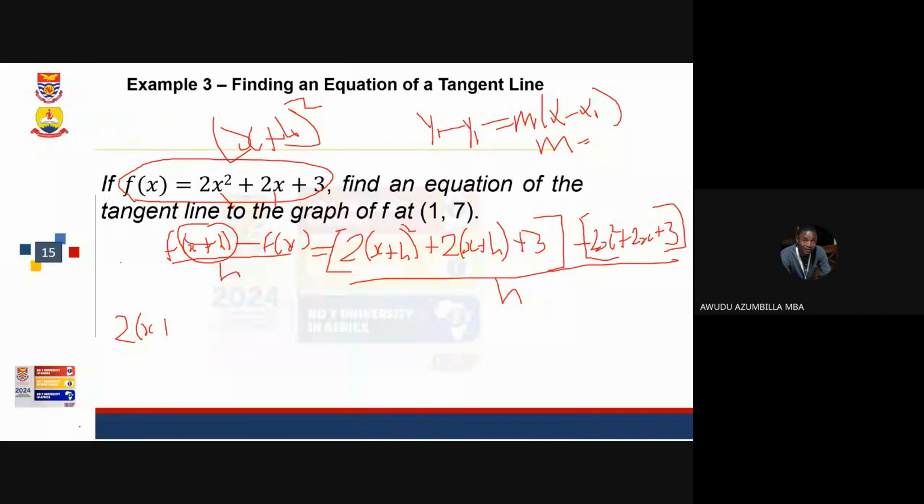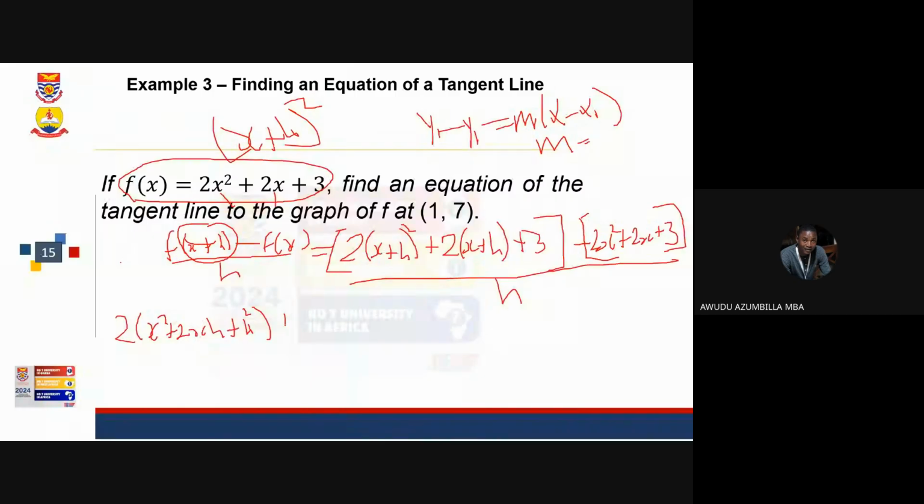Sorry, let me expand it straight away. I'm going to get x squared plus 2xh plus my h squared. I've expanded. Close the bracket.